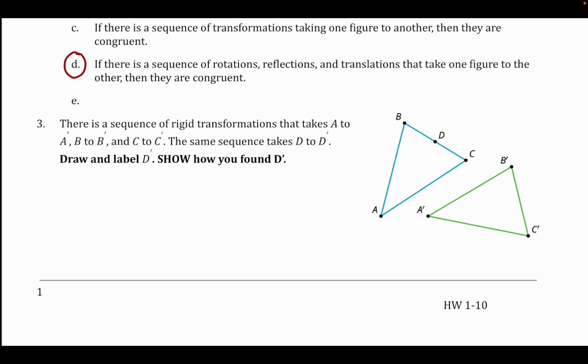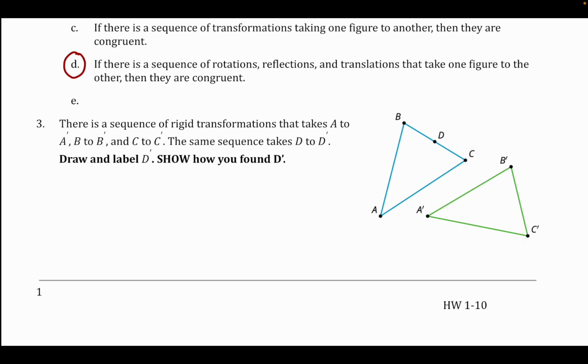So if it takes A to A prime, we can know that we're moving some distance here, and it could just be a translation. If it takes B to B prime, that's a much bigger distance, and we could be moving that bigger distance, or some combination here. Because it does tell us that there's a sequence, and we have C and C prime.